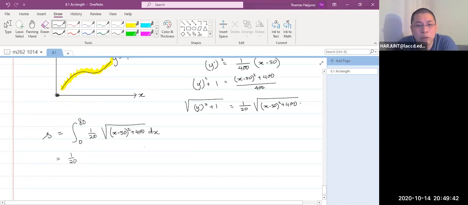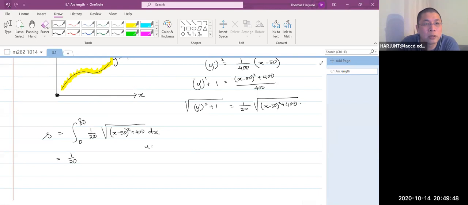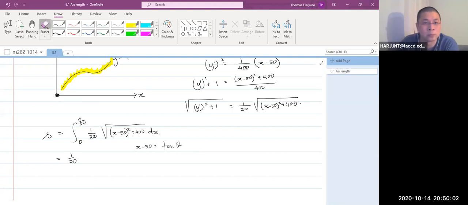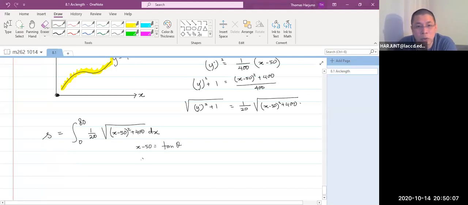Let me do substitution right away. No, I don't want to do it that way. I will use x minus 50 equals tangent theta. So dx equals secant squared theta d theta.